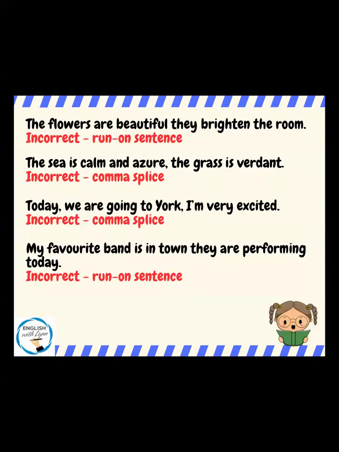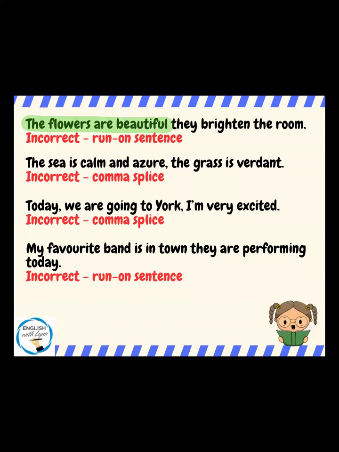Now, having a look at these sentences here, my first sentence is a run-on sentence, and it is a run-on sentence because I have got "the flowers are beautiful." That is one main clause. The flowers are the subject, are is the verb, and beautiful is the complement that completes the sentence.